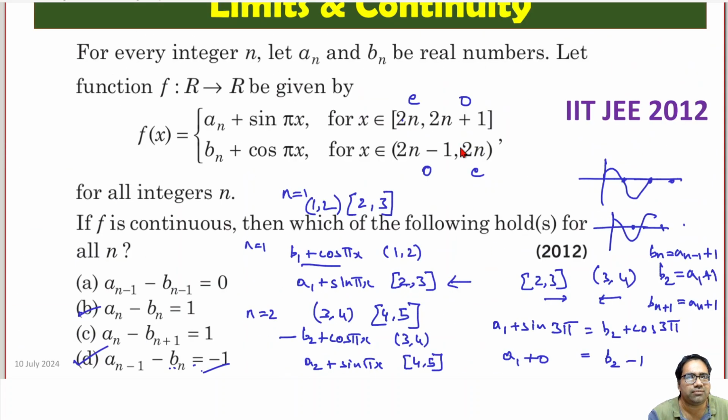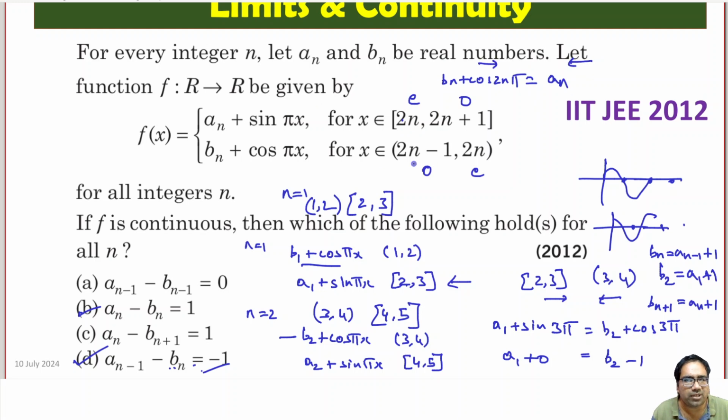Right. So what we have done, this part and this part should be equal at 2n, that is approaching 2n from the left hand side. That means bn plus cos 2n pi should be equal to an, that is approaching 2n from the right hand side.